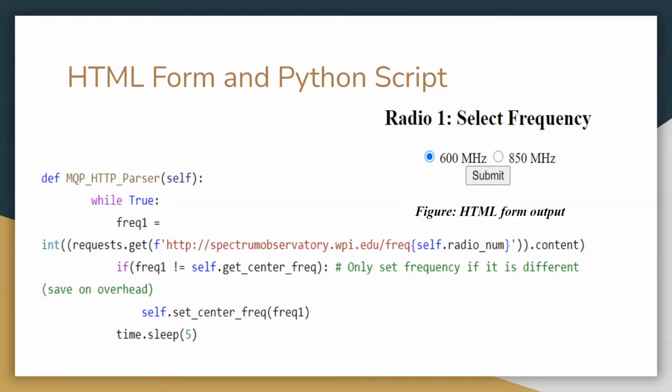Inside the while loop, a variable freq1 was set to hold the value of the GET request. The URL of the GET request was replaced by the address where the server stored the value of the center frequency. At this point, the thread waited for 5 seconds to create a delay, and then it would send another GET request to the server.